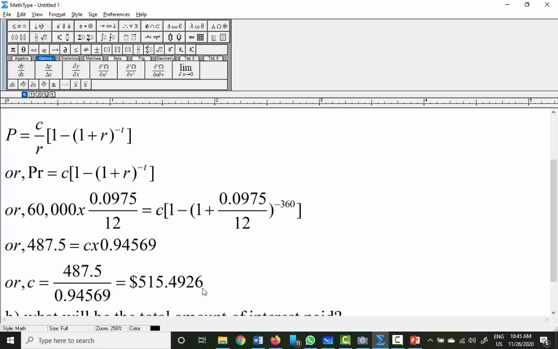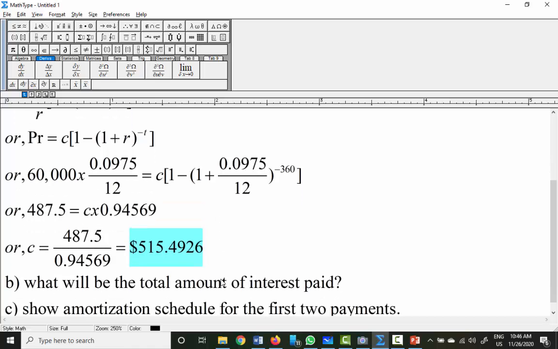So you have to pay $515.4926 at the end of each month to pay off the $60,000 mortgage loan, and like that up to 30 years to pay off the mortgage loan amount of $60,000. Right.